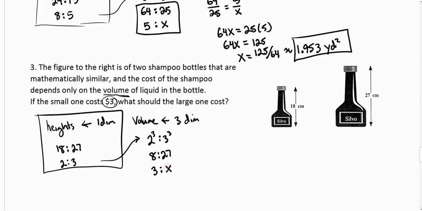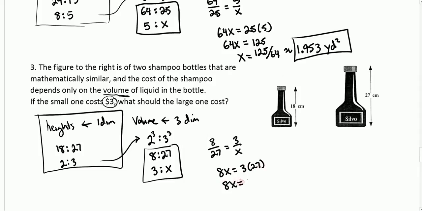We don't know what the cost of the larger one should be, so we're going to take those and set up a proportion here. 8 to 27 is 3 to x, and cross multiply. 8x is 3 times 27, or 8x is 81. So x should be 81 divided by 8. And we're rounding a little bit here, so it's $10.13.